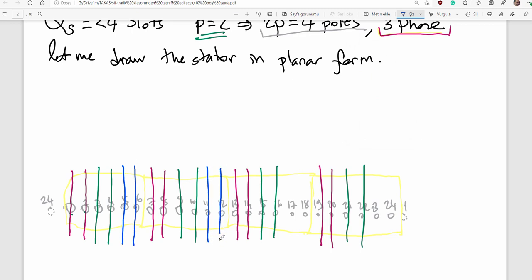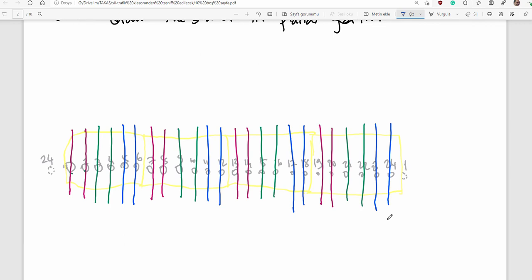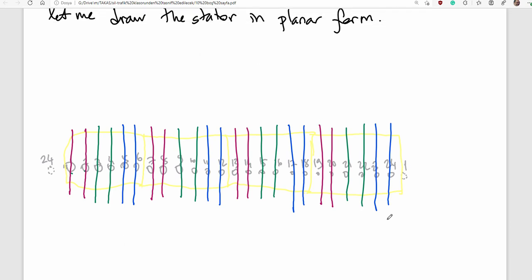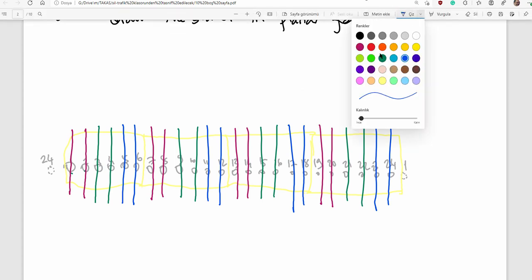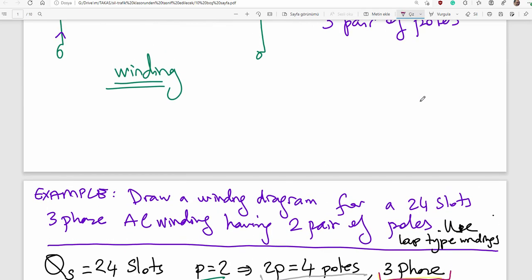Here you see I have been planning a winding. The winding will look like this. Those are the active coil sides. And those coil sides will be connected in some manner. In the question, it is written as lap winding.